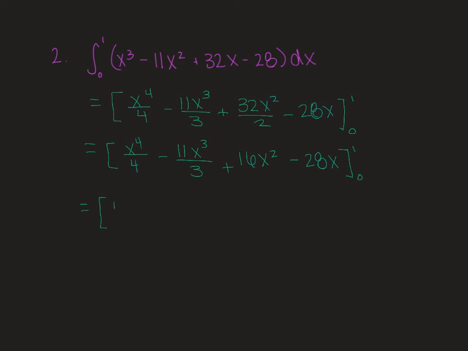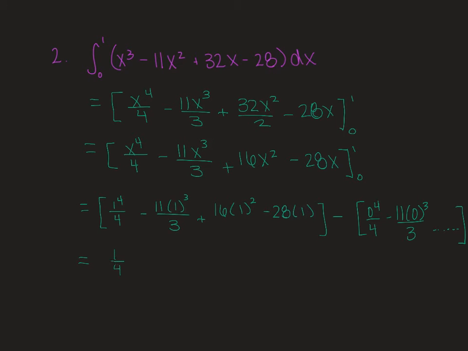So you're going to have 1 to the 4th over 4 minus 11 times 1 to the 3rd over 3 plus 16 times 1 squared minus 28 times 1. Now, really, we would be plugging in 0 here. And so you would have 0 to the 4th over 4 minus 11 times 0 cubed over 3, and so on. You're plugging in 0, it's going to be 0.